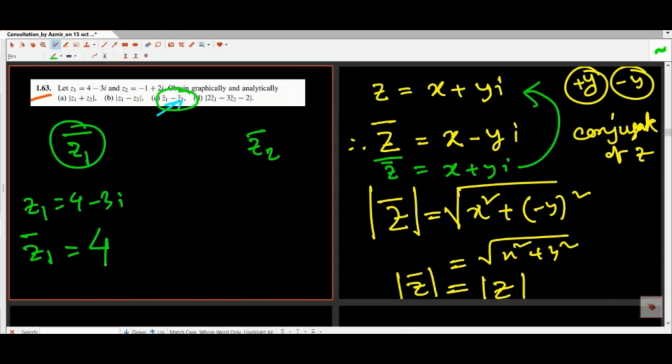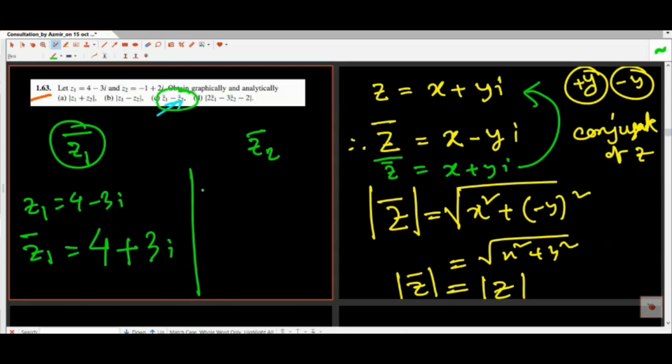It will be 4 plus 3i. Previously it is minus 3i. Now it will be plus 3i. That means whenever you are going to find the conjugate, remember that we have to just change the sign of y. If it is minus, then plus. If it is plus y, then it will be minus y.